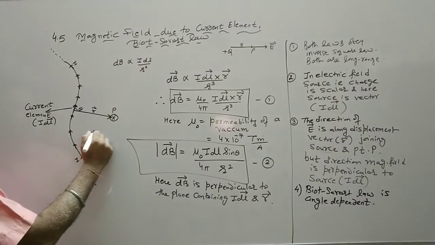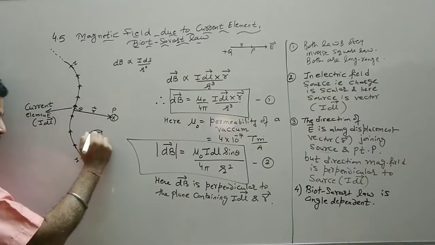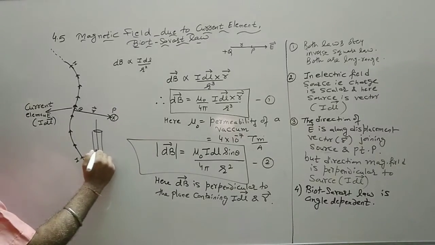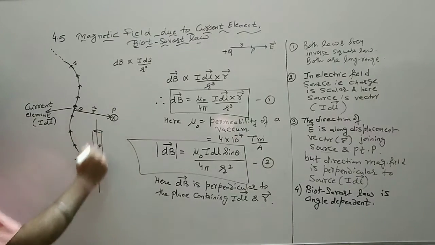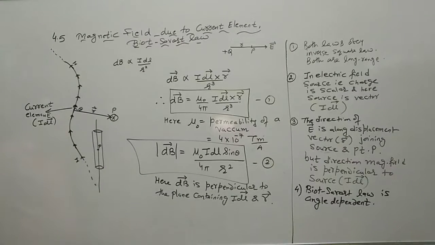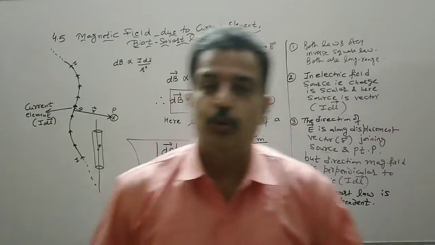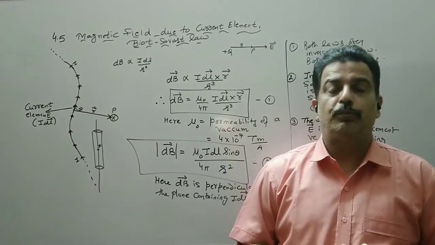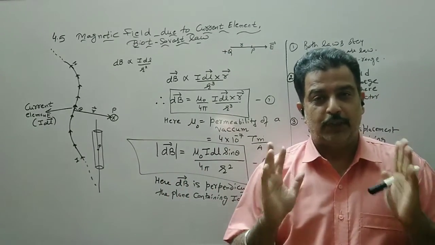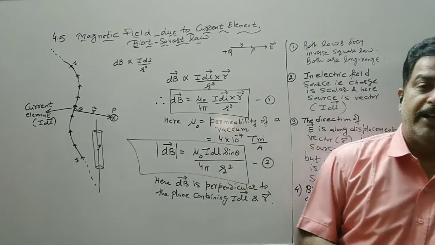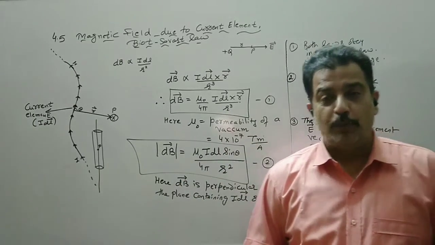If I draw this wire, showing the thickness, and this point P is lying on the axis of the wire, then R vector is 0, and therefore the magnetic field intensity due to the current element comes out to be 0. So that is one case. If R is 0, clearly the magnetic field intensity should be 0.